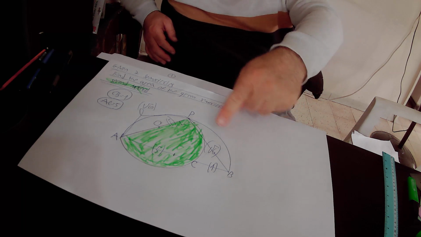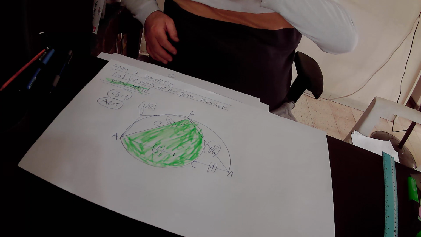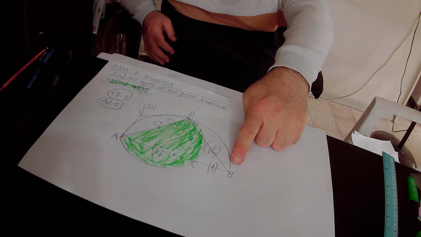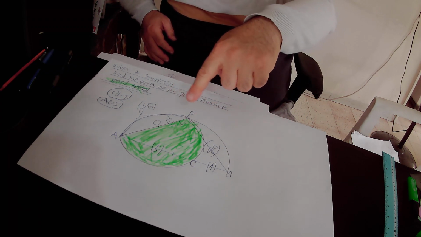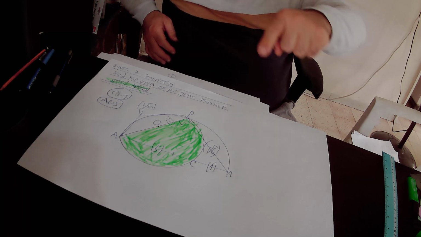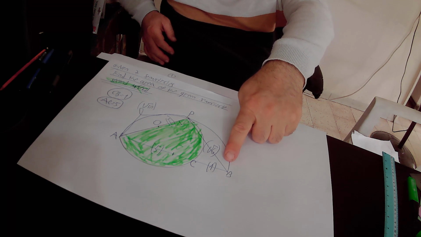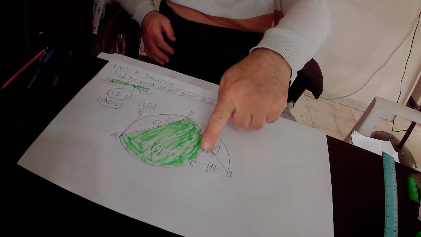Actually, line segment BP is tangent to this green semicircle at point P. So from the common external point B, we have tangent BP that is tangent to this green semicircle at point P. And from the same common external point B, if we draw a straight line towards this green semicircle, it will cut this green semicircle at two points, C and A.